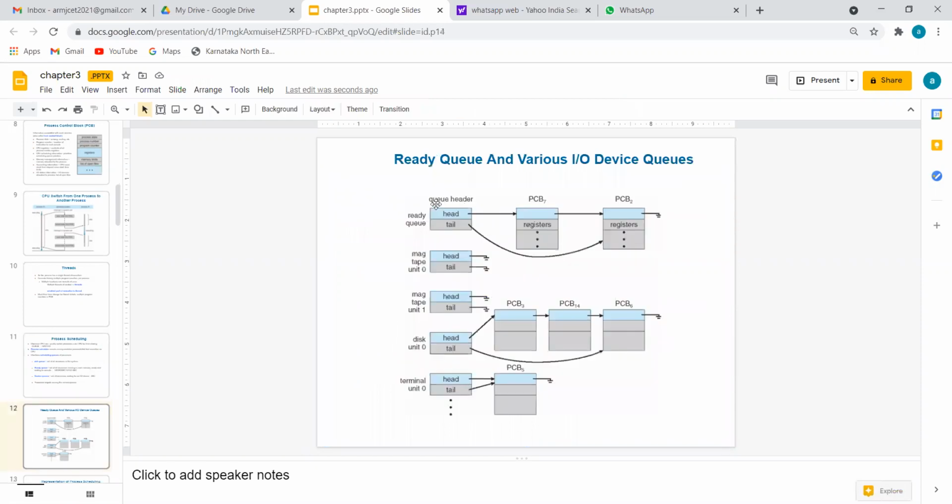Coming to the next, how the ready queue and IO queue will be there. As I mentioned, the ready queue has a head and tail because it's a queue, with entry and exit. So what happens? One process will come. The process whose control block is to be executed is loaded onto the memory.